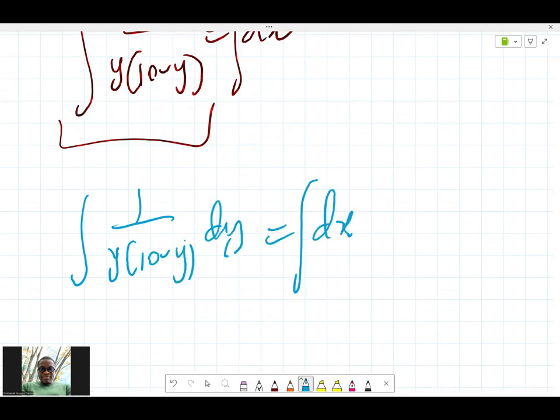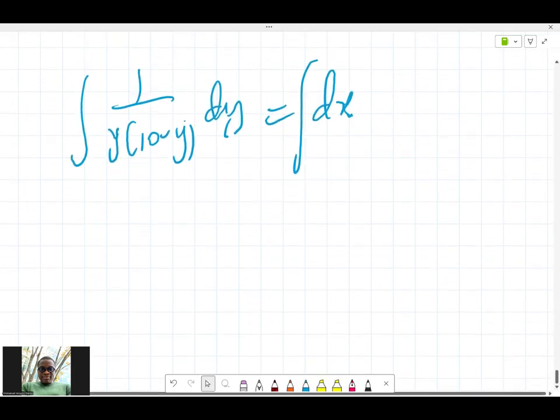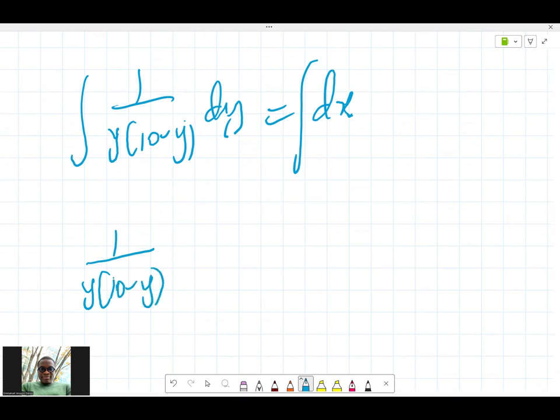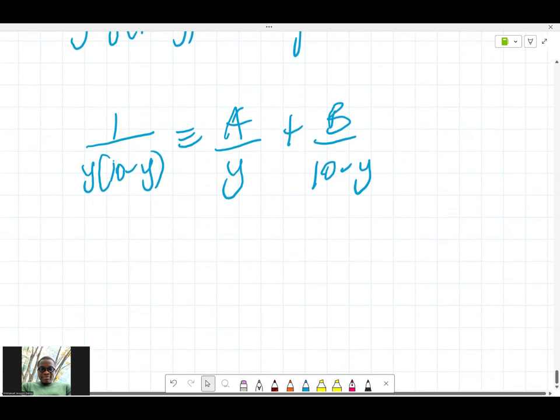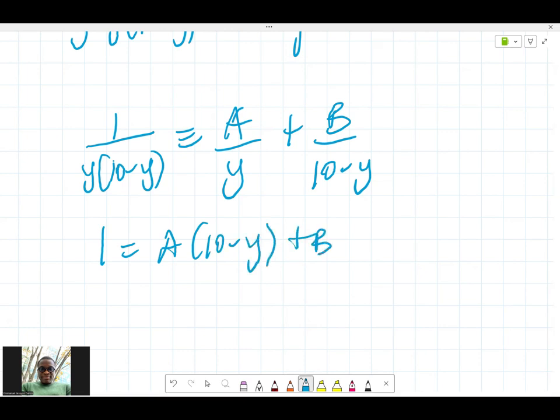The right hand side can easily be integrated, so we have to take care of the left hand side since it's a compound fraction. We resolve into partial fractions, where we say A over y plus B over (10 minus y), because both are linear. If you multiply through by the LCM, which is y into (10 minus y), we have 1 equals A into (10 minus y) plus B into y.